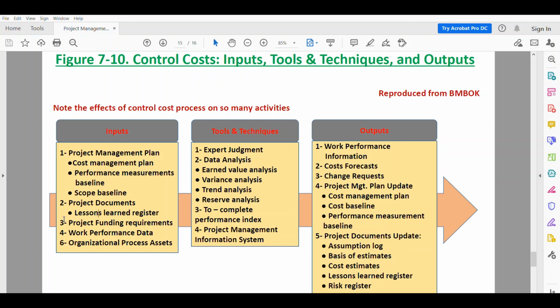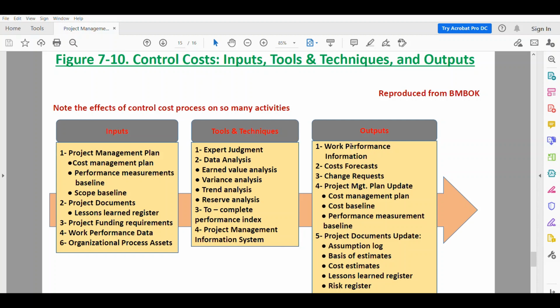The third one is the project funding requirements, the fourth is the work performance data, and the fifth is the organizational process assets. Tools and techniques, and we talked about most of these before: expert judgment, data analysis, reserve analysis, to-complete performance index, and project management information system.